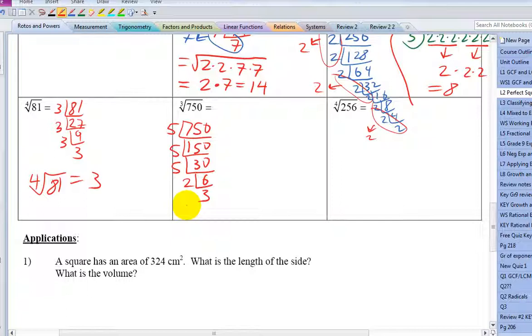What do you guys think with this? What can we take out? We take out a 5, and what then has to stay behind? That's right. The 2 times the 3 don't make a triple, so they stay behind. And what should we leave it as? 2 times 3, put those together. 6. Right, so it's called 5 cube root 6.